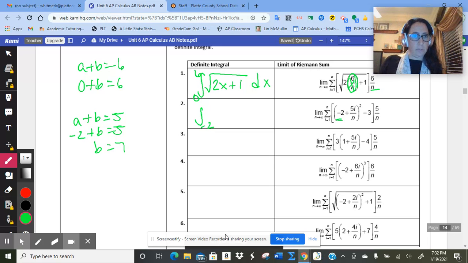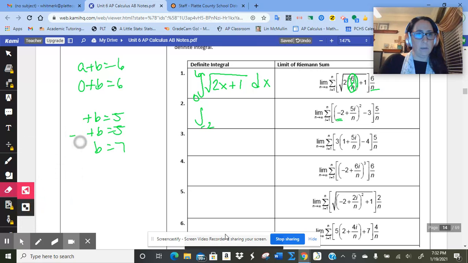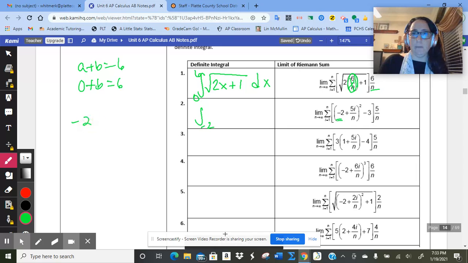No, I just did that backwards. Hold on. I have to add to 5, and I started at -2. Yeah, that was right, 7. Okay, -2 plus 7 will give me 5.